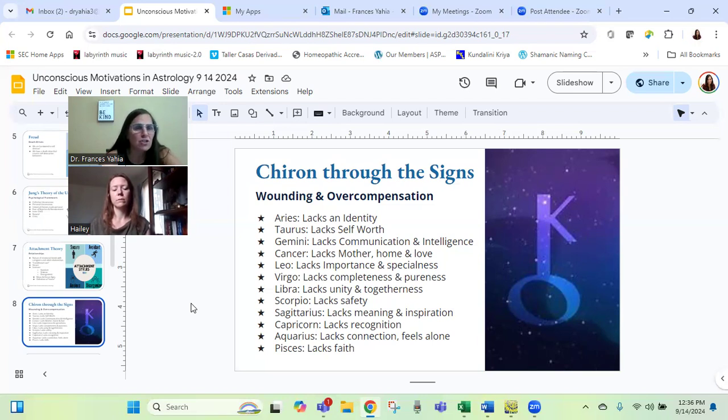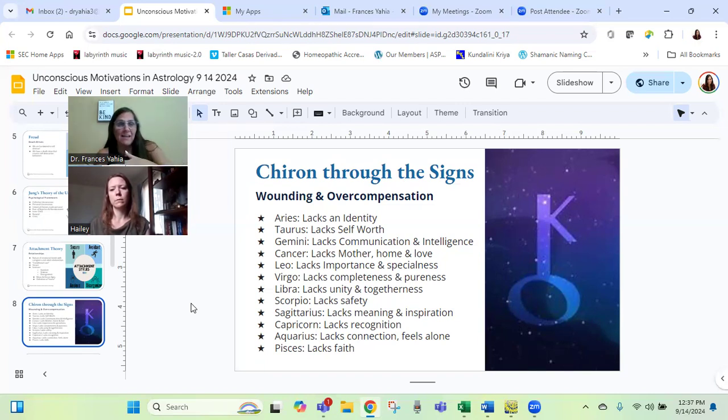Virgo feels incomplete and they feel impure. They lack purity. Think of the Virgin Mary. Think of the Christ consciousness. How can I have Christ consciousness in a broken vessel or an impure vessel? Libra, they lack unity and togetherness. They're always kind of looking for that harmony with others because they don't feel that they have it. Scorpio lacks safety. Scorpio is that sign that rules life and death. So if I'm in the life continuum, then death is right around the corner.